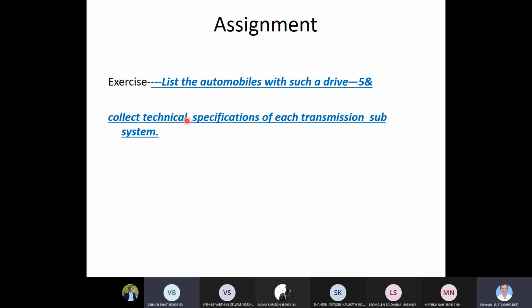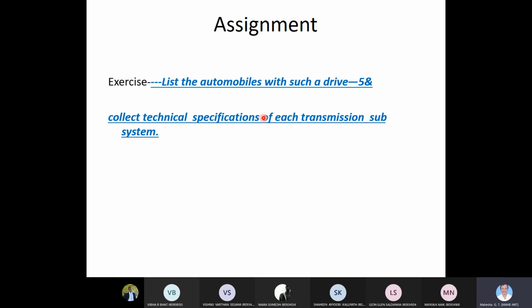and then collect technical specifications of each transmission subsystem. Means what type of clutch is provided, what are the dimensions of the clutch, then what type of gearbox is provided, how many speeds are available, manual or automatic, and then the final drive, what type of final drive is provided, whether bevel pinion and ring gear type, or bevel gear type, or hypoid.